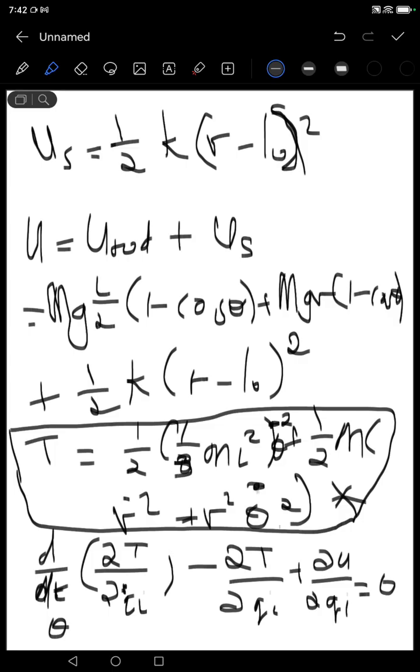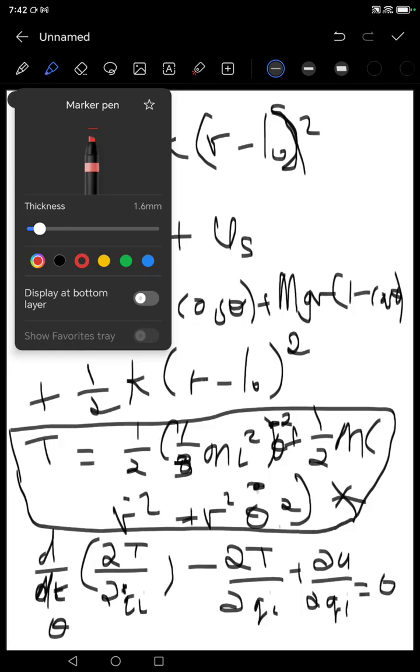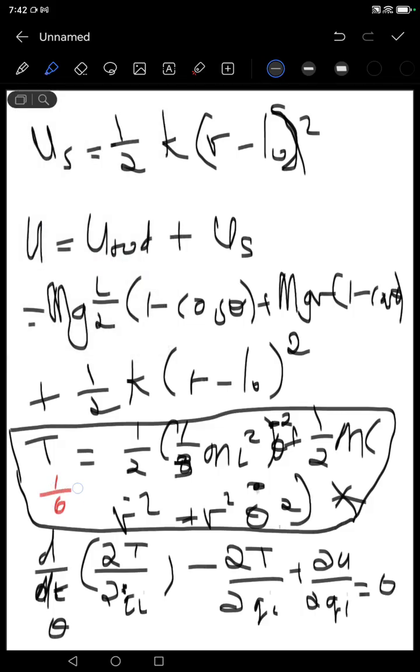So when we derivate, let's start by multiplying these two. 1 over 2 multiplied by 1 over 3 is going to be 1 over 6. So it's going to be 1 over 6 ml squared theta dot squared.